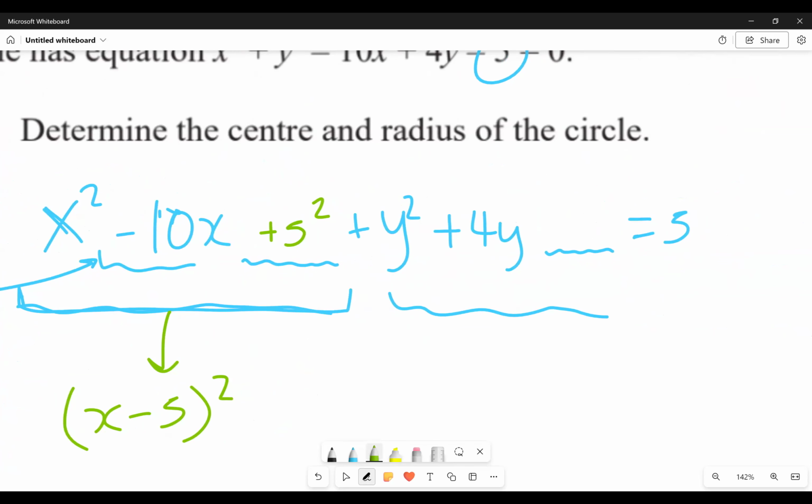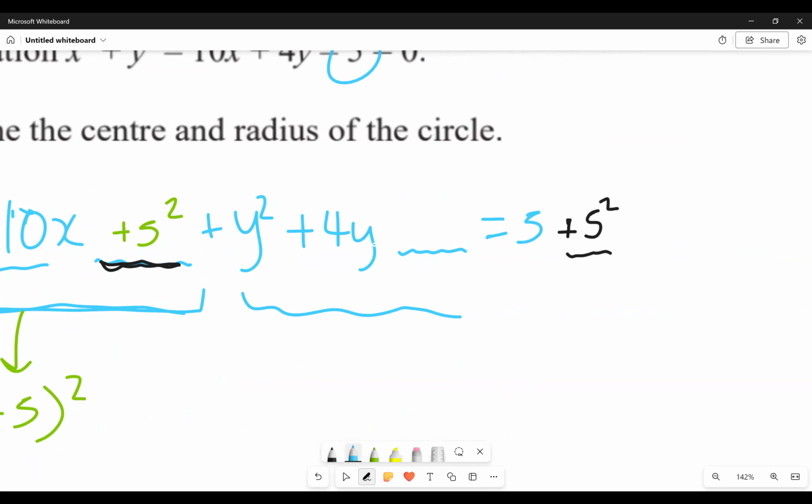Now, it's important to note that I put a 5 here, and that's not something it can do. I need to do it to both sides. So now I need to also add 5 squared on this side, because if I add it here, I have to do it on both sides of the equation. Similarly, I'm going to do the same thing for the y section. For y, I immediately know that to complete the square here, I need to have plus 2 squared.